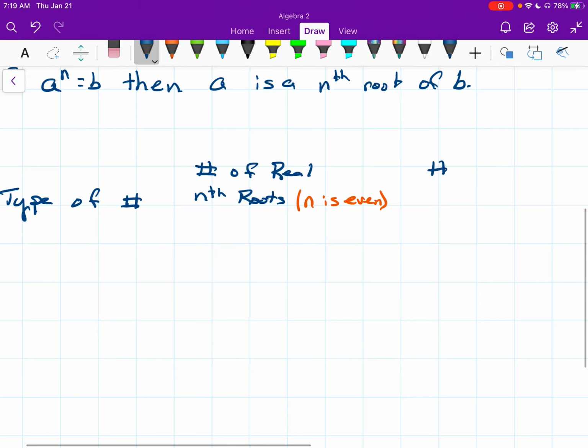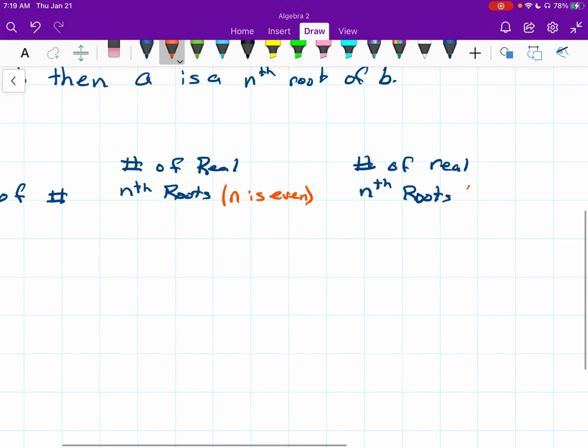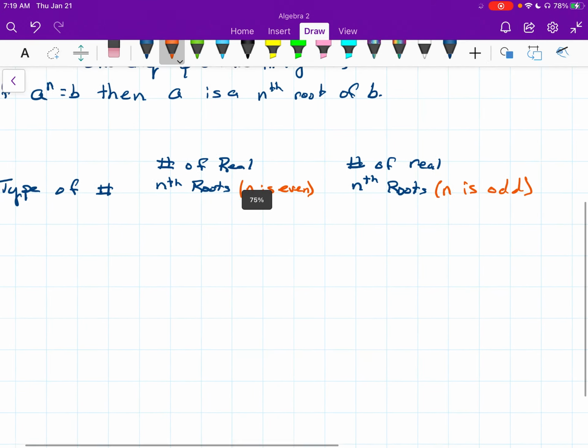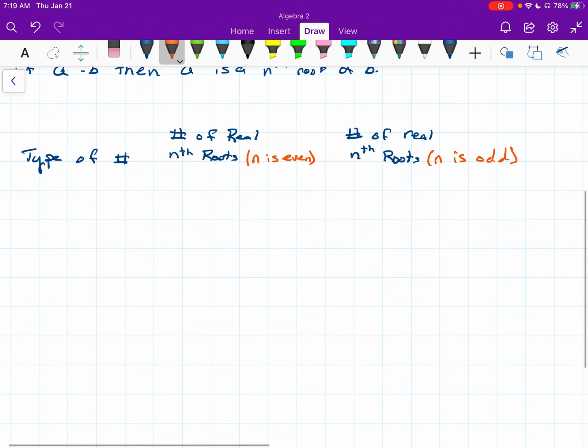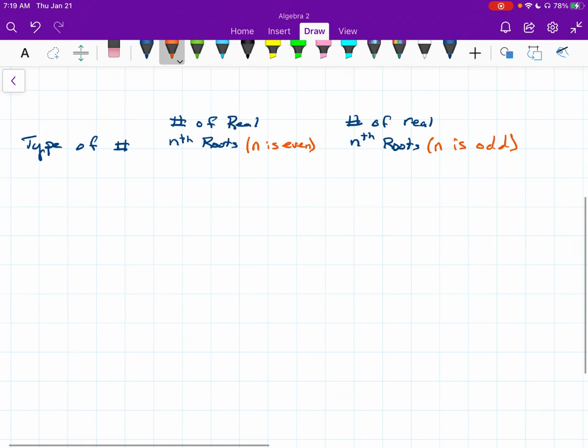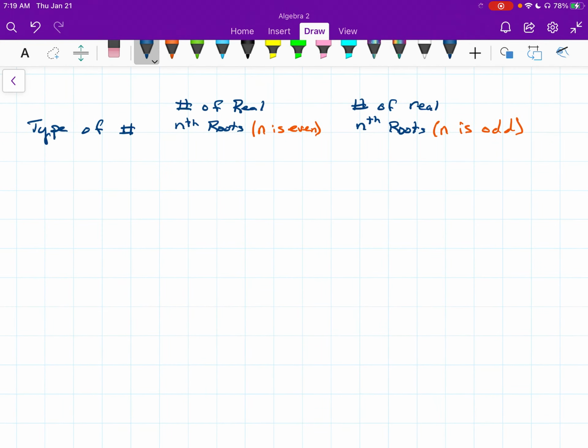And here we have the number of real nth roots where n is odd. Right, so it's going to make a difference if n is even or n is odd, right? Think about a cubed root versus a square root. Most of this I think you could have worked out in your head. So here we'll have a positive number. We'll have 0, and we'll have negative.